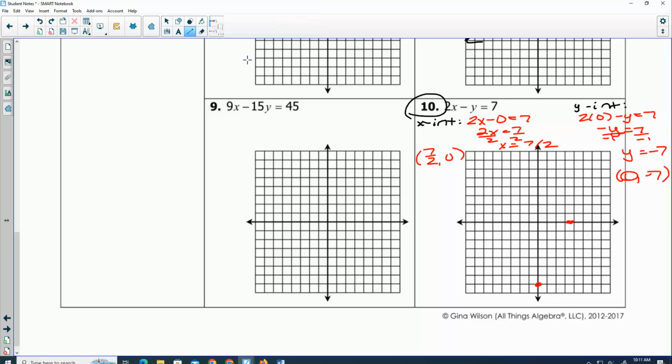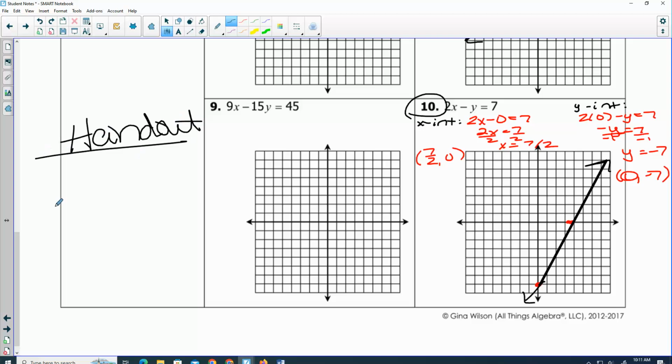And then you have 2 points, so you use your ruler to make a nice line between them. All right, so I am going to give you a handout now to practice. I think I want to start with only 1 through 12.